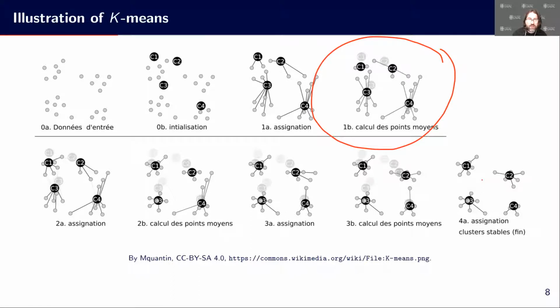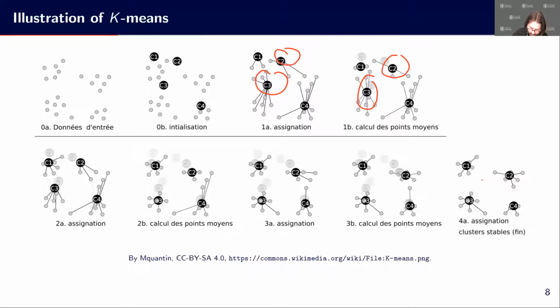For example, we see C3 moves quite a lot, from here to there. It moves down a little. C2 also moves quite a lot, down right. C1 a little down. And C4 hasn't moved that much. Basically, I think it stayed the same because there are no changes in its assignment.